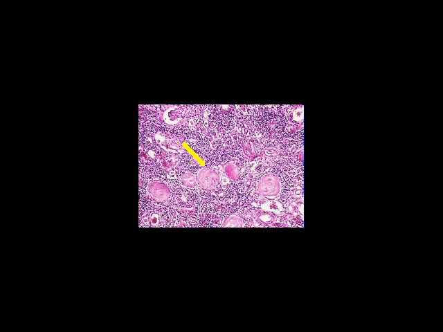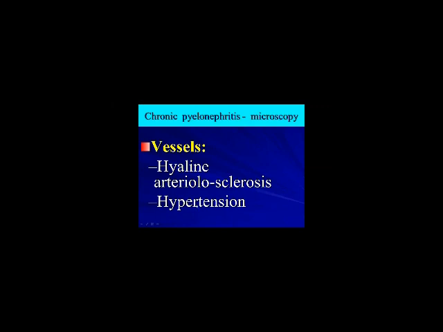And vessels. Sometimes when patients develop hypertension due to kidney damage, in this case, vessels will show hyaline arteriolosclerosis, which means that vessels get narrowed because of the deposition of hyaline material in their wall. And this condition is called hyaline arteriolosclerosis.